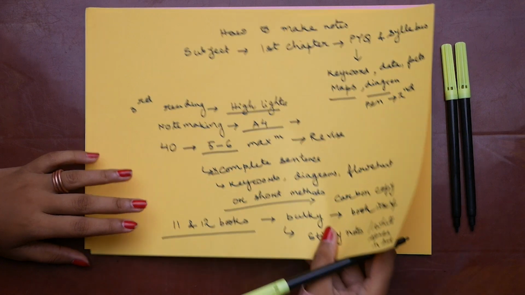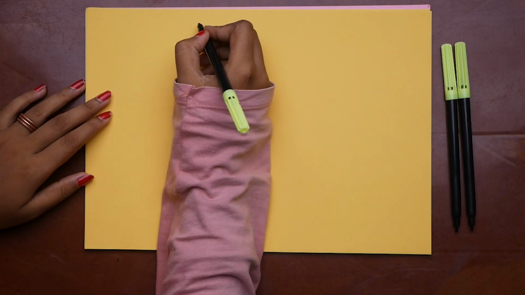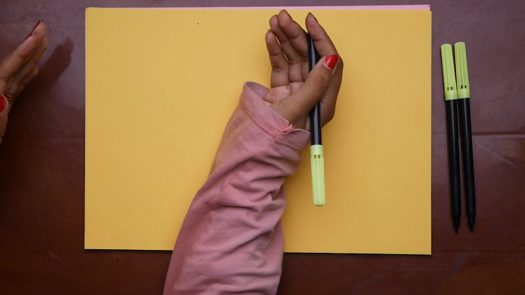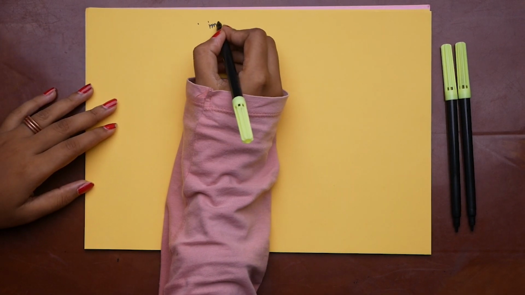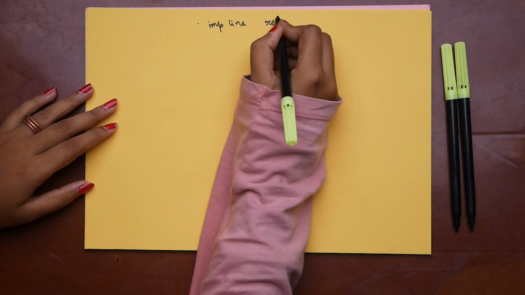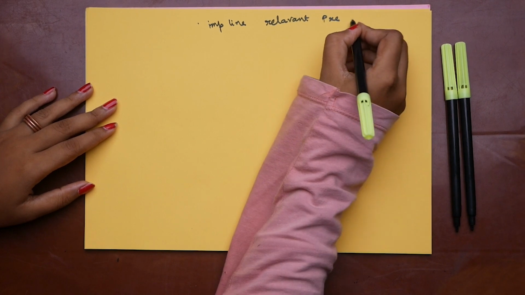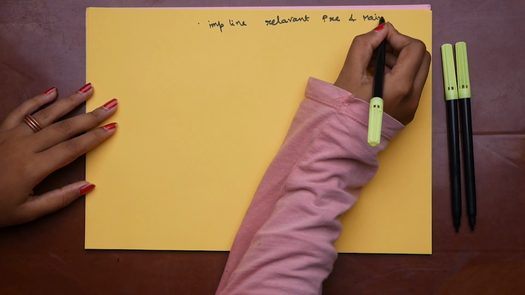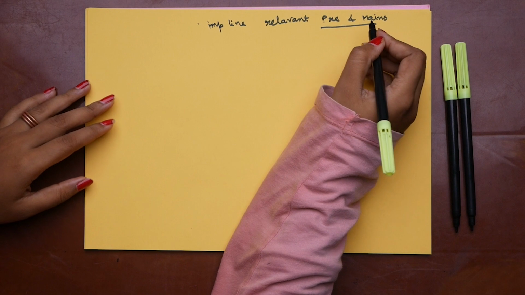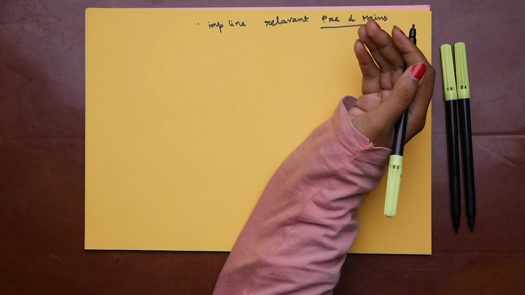Also highlight the important points wherever you find them, and also highlight the important lines which are relevant from the UPSC prelims and mains perspective. It's my suggestion, the rest depends on you.